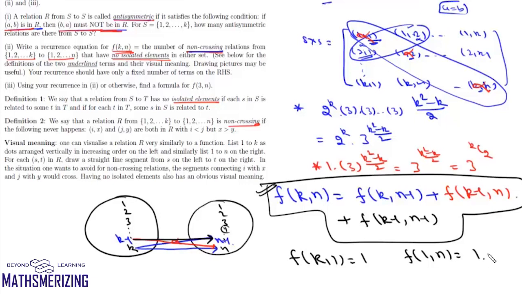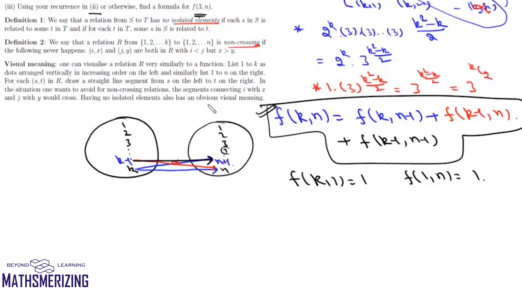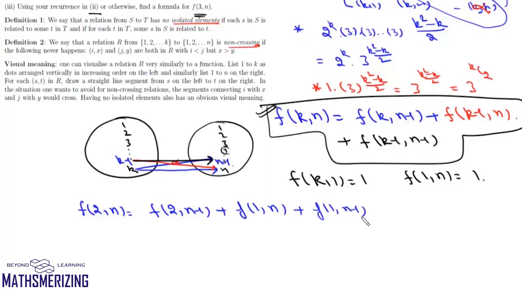Now this third part is using your recurrence in second, or otherwise, find a formula for f3n. Now before f3n, what we'll do is we'll first find f2n. We can write f2n as f2n minus 1 plus f1n plus f1n minus 1.